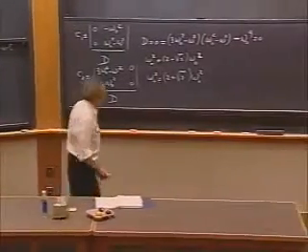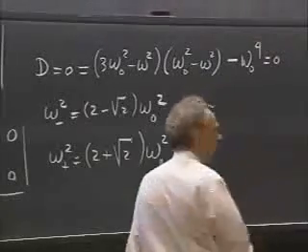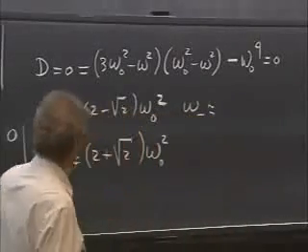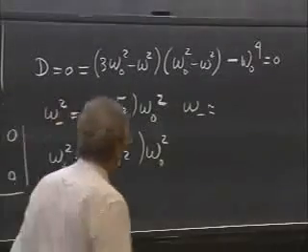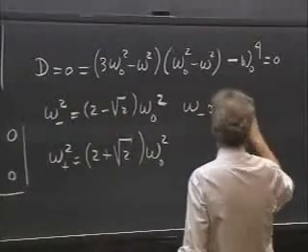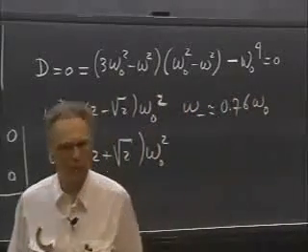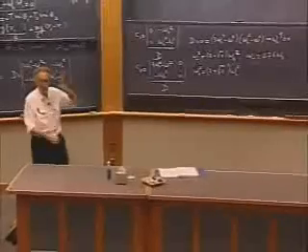So we now have a solution that omega minus is approximately, if I calculate the 2 minus square root of 2, approximately 0.76 omega 0. Not intuitive at all, so it's lower than the resonance frequency of a single pendulum.